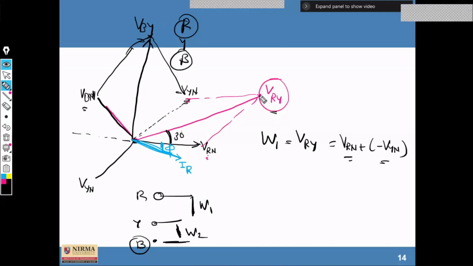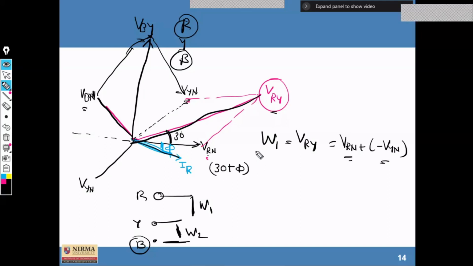So this is the line voltage. This is the line current. So what is the total angle between these two? That is 30 plus 5. Agreed? So the angle between line voltage and line current would be 30 plus 5.